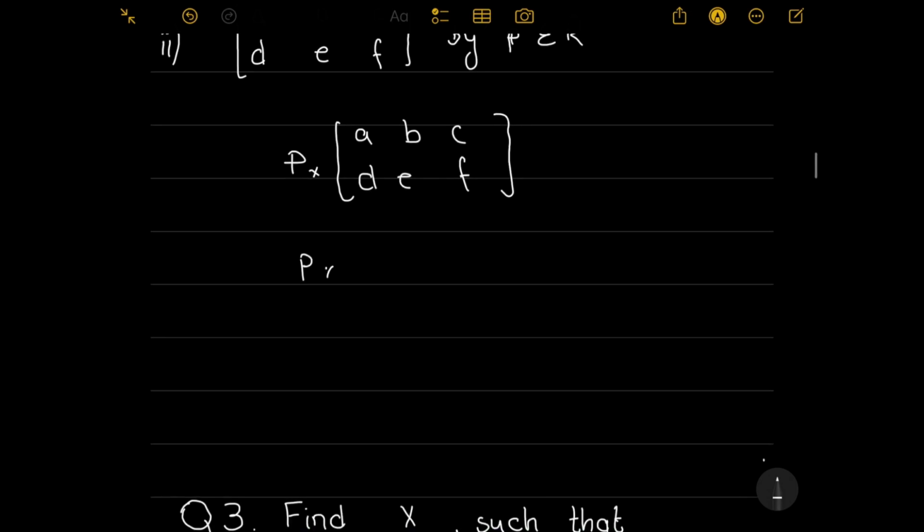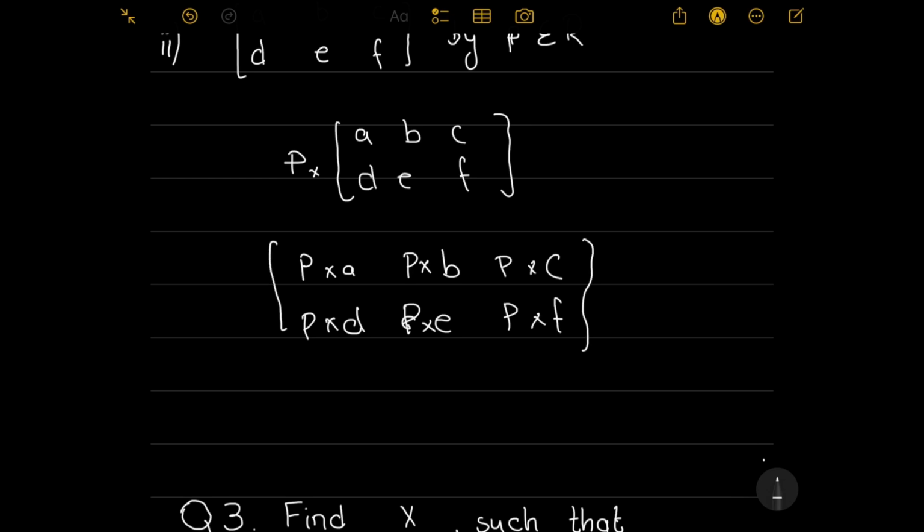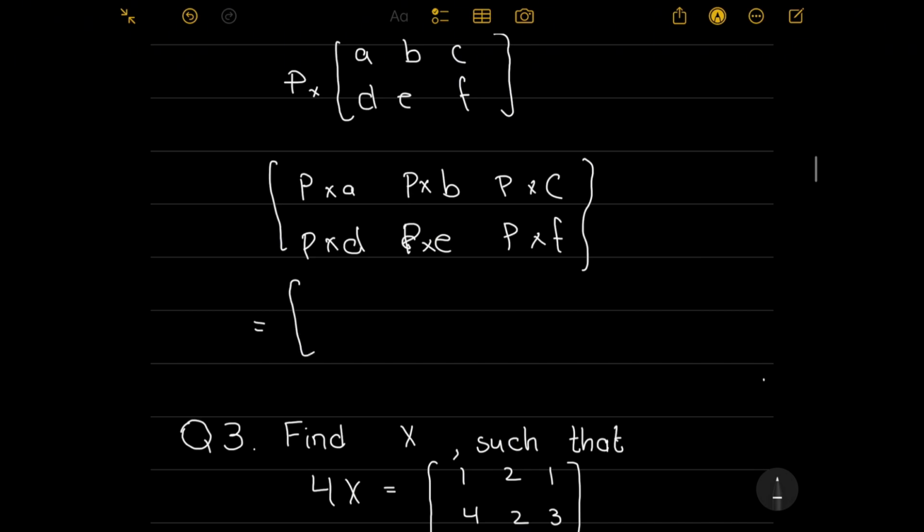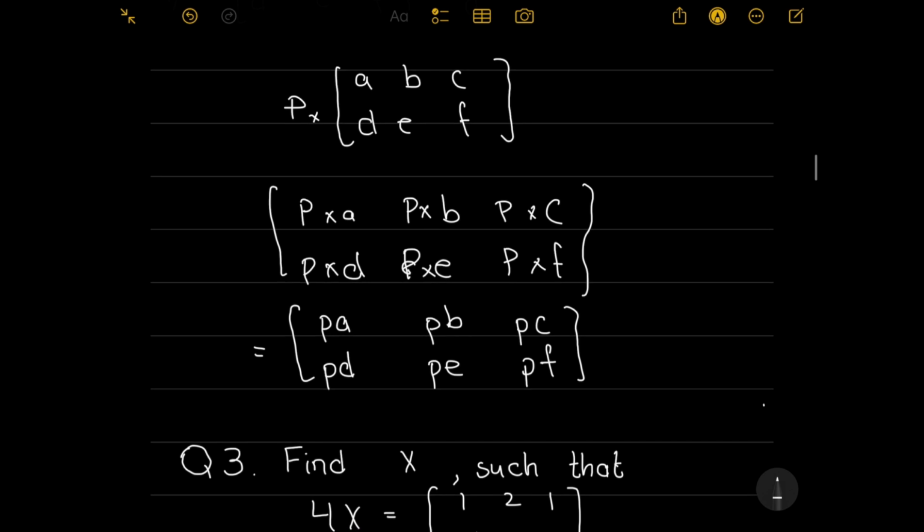So p would multiply with a, then p with b, then p with c, similarly p with d, and with all of them. And simply we would get, by the way, this is not a capital letter P, so pa, then pb, then pc, then pd, pe, and pf. So this is the answer for question number 2, part 2.